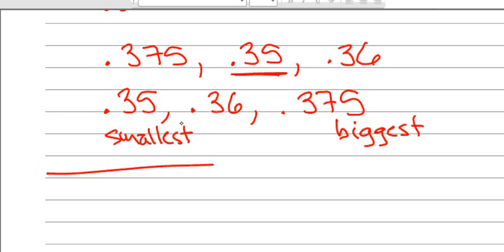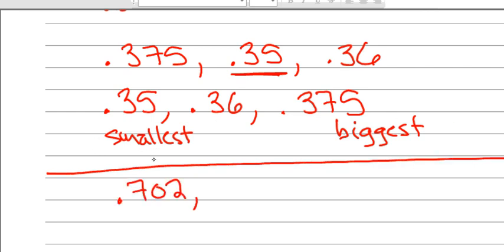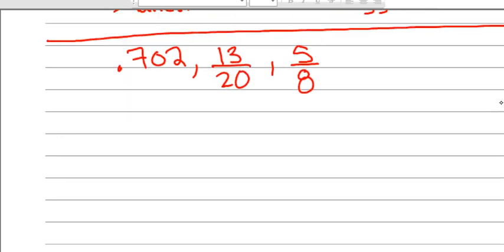So let's try another one of those. I've got 0.702, 13 over 20, which I believe I did. I already changed that over, and 5/8. And I think I might have changed that over too. So let's look at 13 over 20. And if you punch that in, yes, I did that one also.